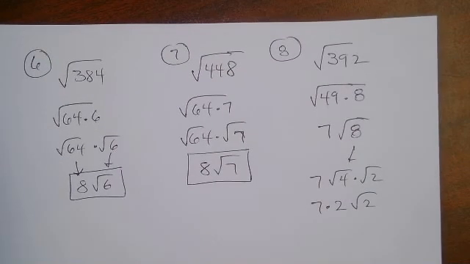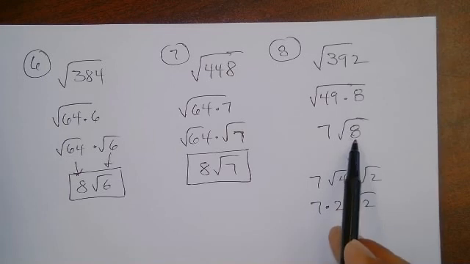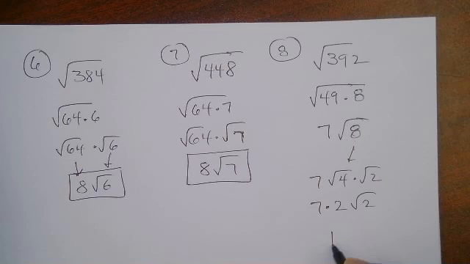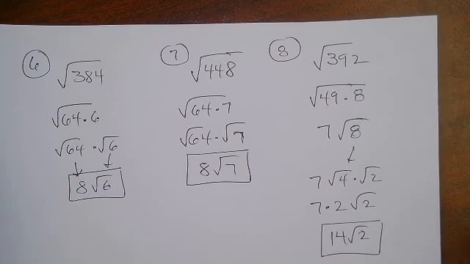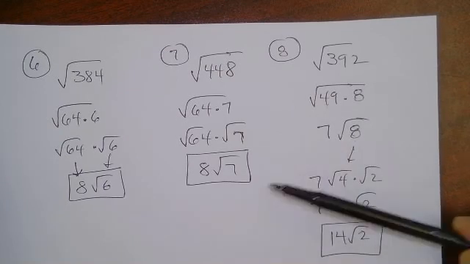So what's going to happen here? That's going to be 7 times 2 and then the root 2. You always got to see if the number left inside can be simplified further. Anyways, this one's 14 root 2.